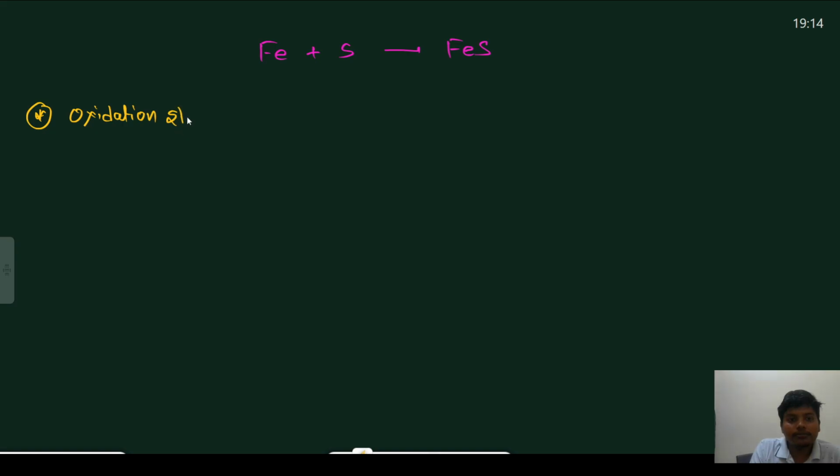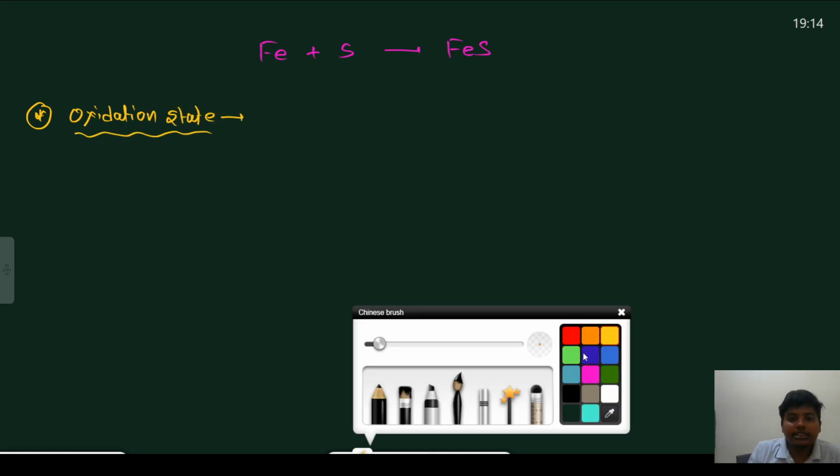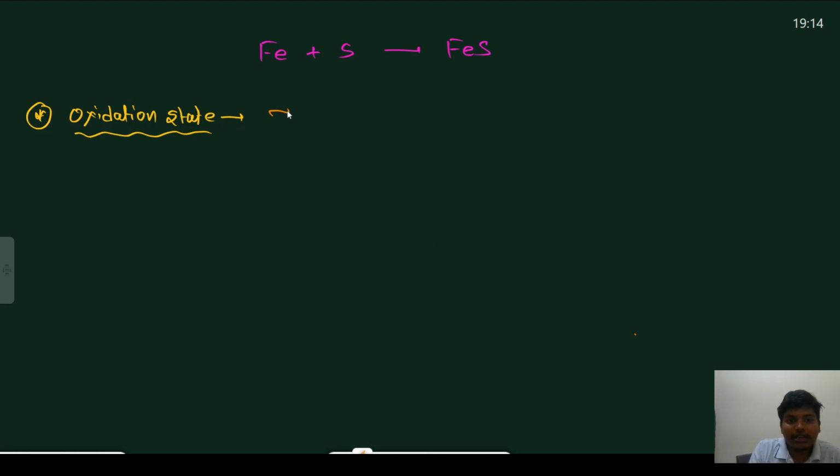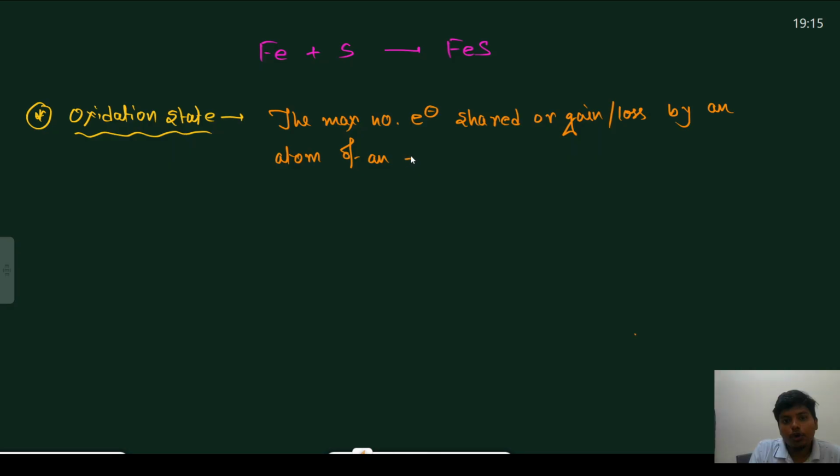Oxidation state. Remember, oxidation state means the maximum number of electrons shared or gained or lost by an atom of an element to make chemical bond.